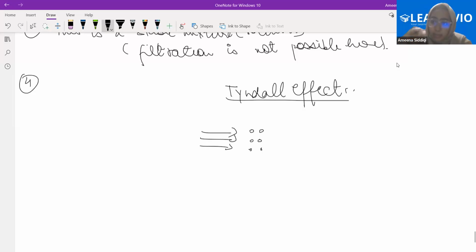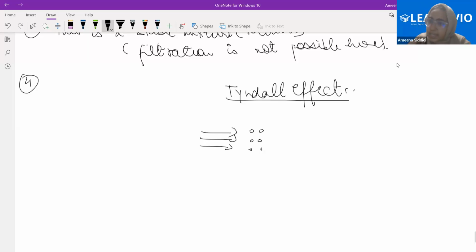If the beam of light gets scattered, we are able to see the path of the light. When the particles are big enough, they are able to scatter the beam of light. If the particles are very small, they are not able to scatter it. So this scattering of light, when the path of light is visible because of the scattering by the particles, is referred to as Tyndall effect.